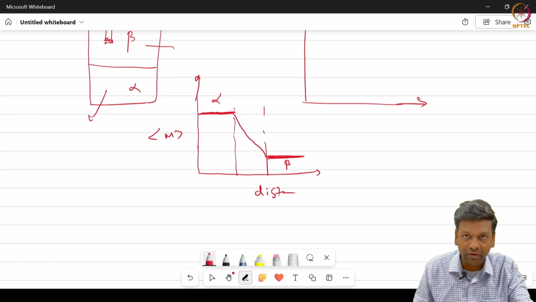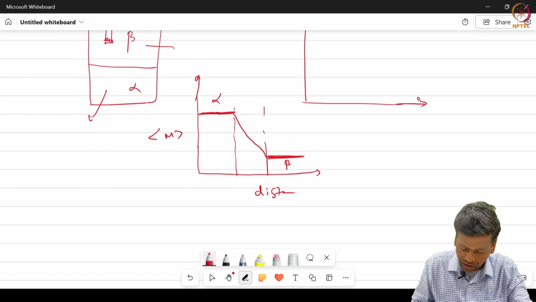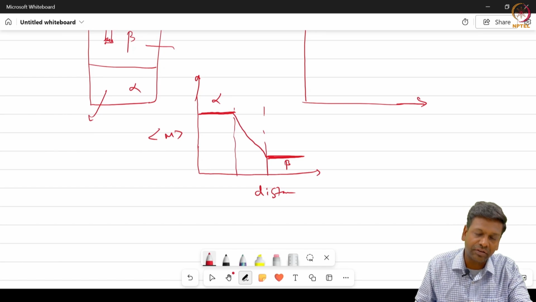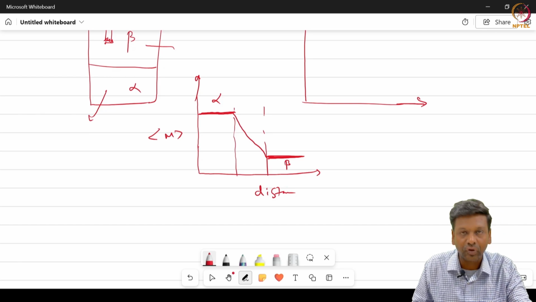So maybe for brevity you can understand that it is linear. In this case you can say for sure that the property near the interface changes drastically, right. Based on this measurement, let's say this distance that is covered by this probe is tau.